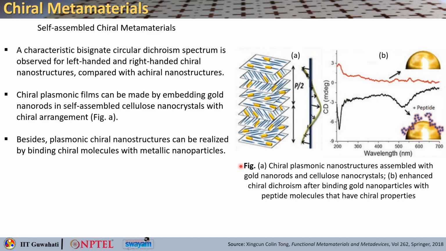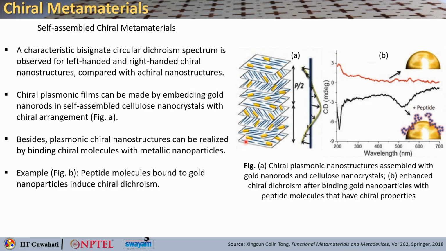Okay. So, plasmonic chiral structures can also be realized by binding chiral molecules with metallic nanoparticles. What you see here is that you can use peptide molecules with your gold nanoparticles, and they can also give you some sort of chiral activity.